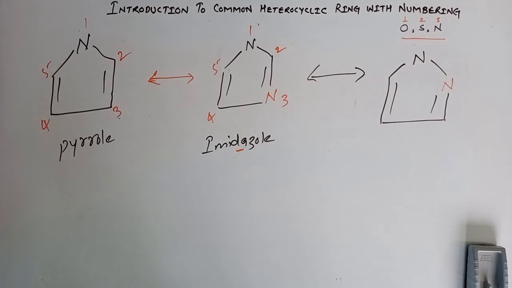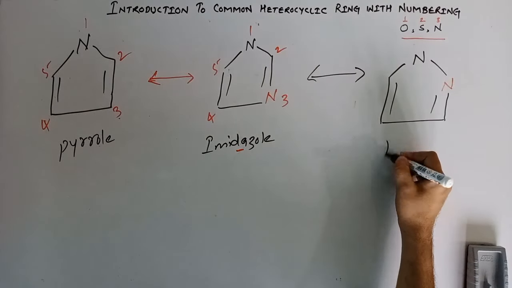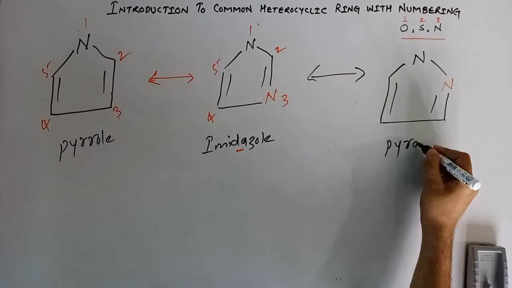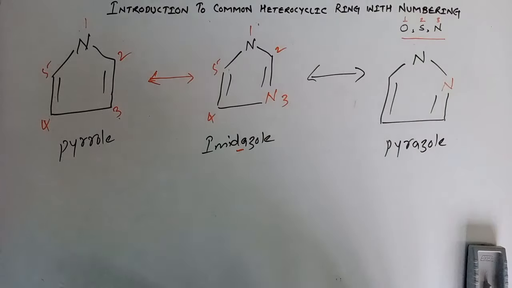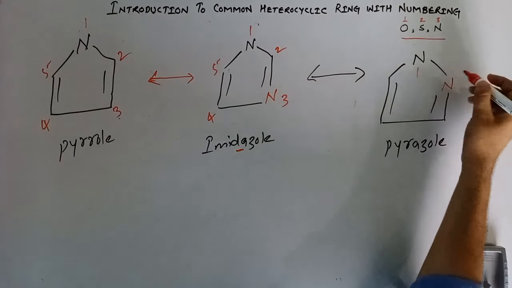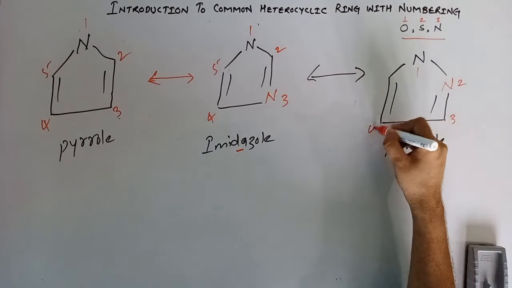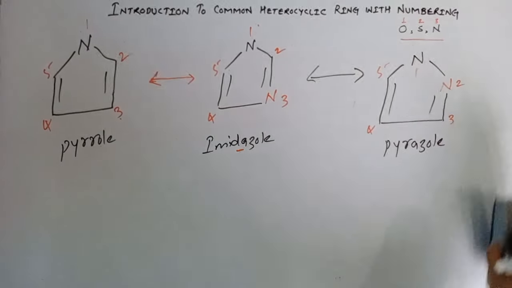This structure is known by the name pyrazole, and the numbering begins with nitrogen: 1, 2, 3, 4 and 5.